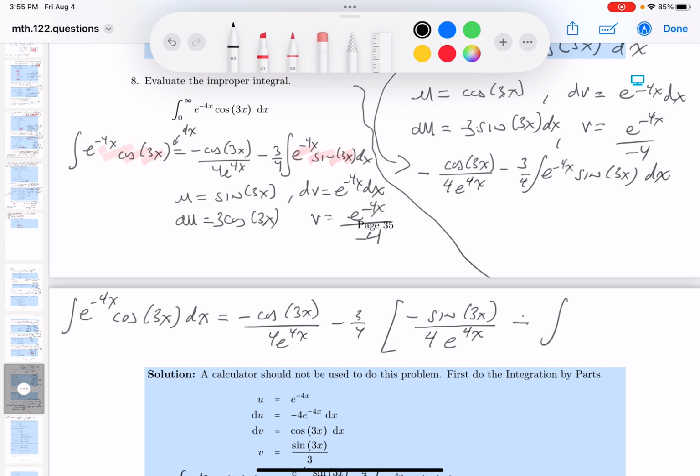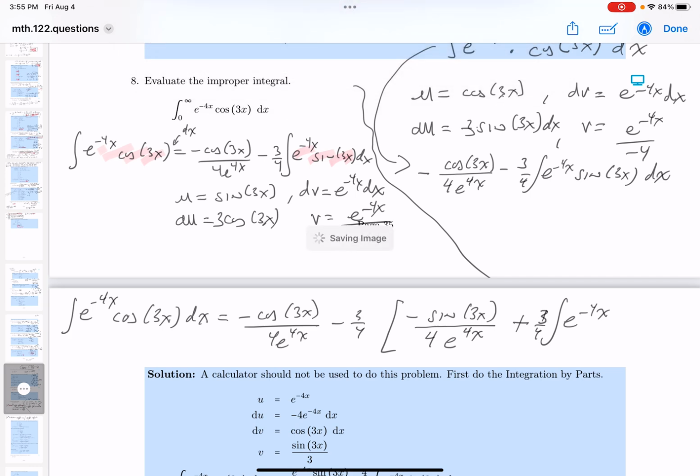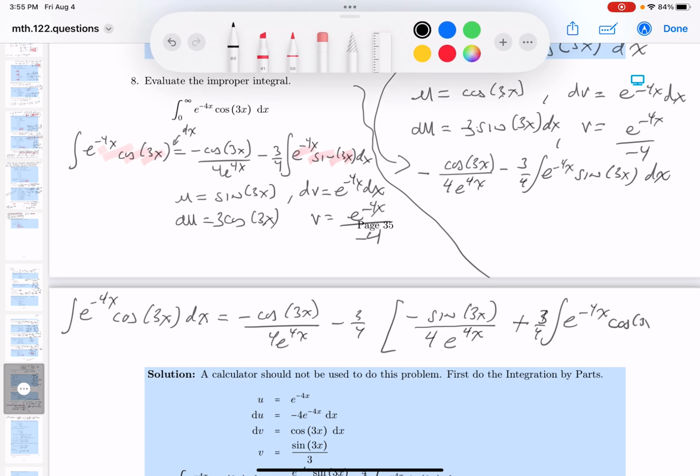So we got plus, I'm going to pull a quarter out, e to the minus 4x, I'm going to pull a 3 out, and then you're going to get cosine 3x dx. I forgot the dx again. All right, I'm going to put a little parentheses on this one over here, and put this equal sign over here now. So minus cosine 3x over 4e to the 4x.